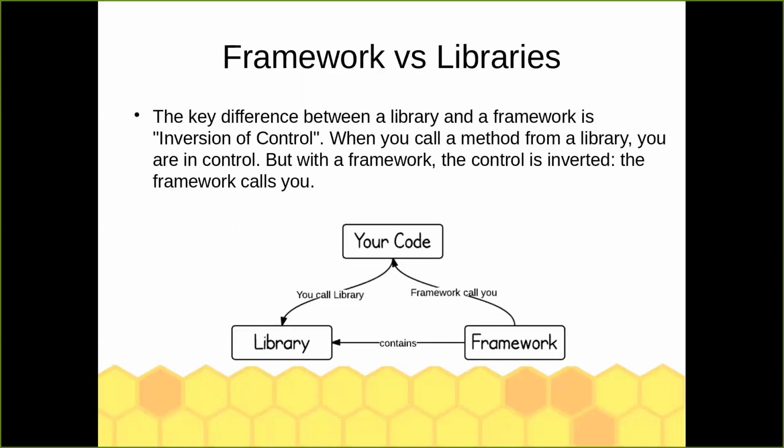The library does some specific tasks like sending traffic over the network, computing visuals, functions, or whatever. The key difference between a library and a framework is inversion of control. When you call a method from a library, you are in control, but with a framework, the control is inverted. The framework calls you.